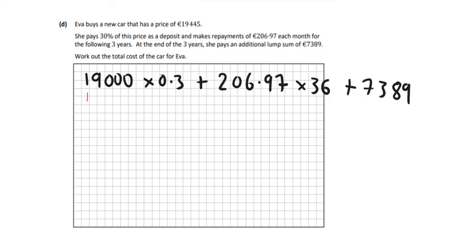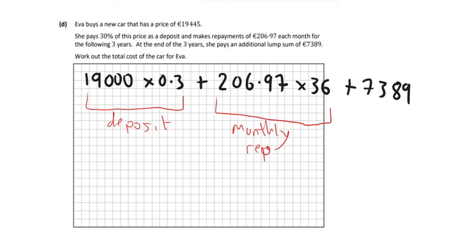So the first part we did there, that's the deposit. And here are the monthly repayments. And then this last bit, that's a little lump sum she has to pay at the end. Finish it off, pay the whole thing. So you can just put all that into the calculator together then.